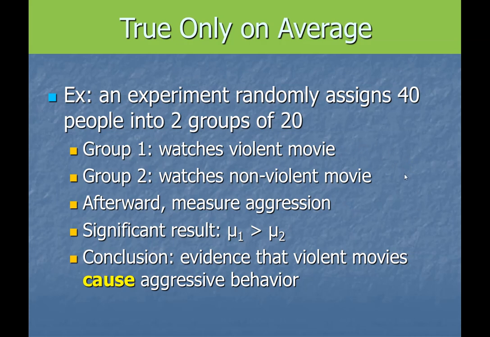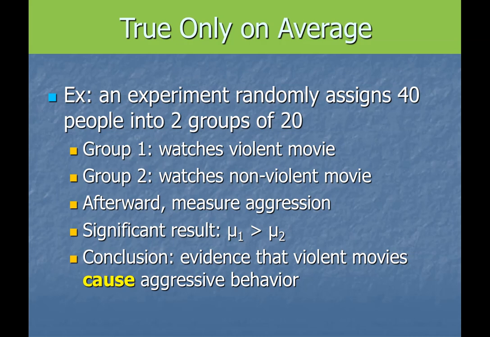So we've done a very basic experiment here. You randomly assign people into group one or group two, have them do these different things, the experiment versus the control situation, and then measure something afterwards and see if there's a difference. And let's say there is. Let's say we find a significant result. The average aggression in group one, those who watched a violent movie, is larger than the average aggression of group two. We would usually conclude from that study that we have evidence that violent movies cause aggressive behavior.